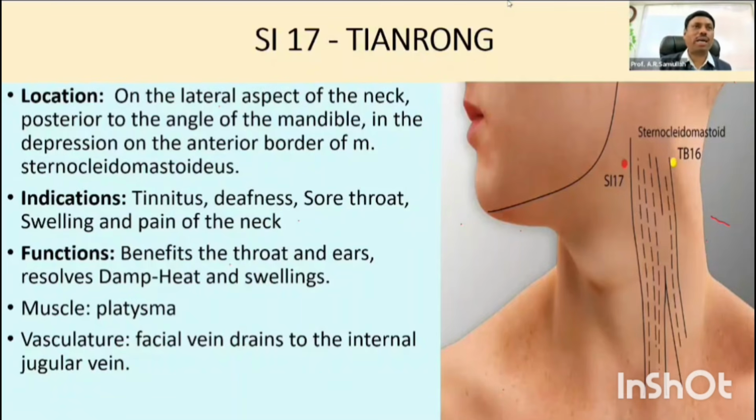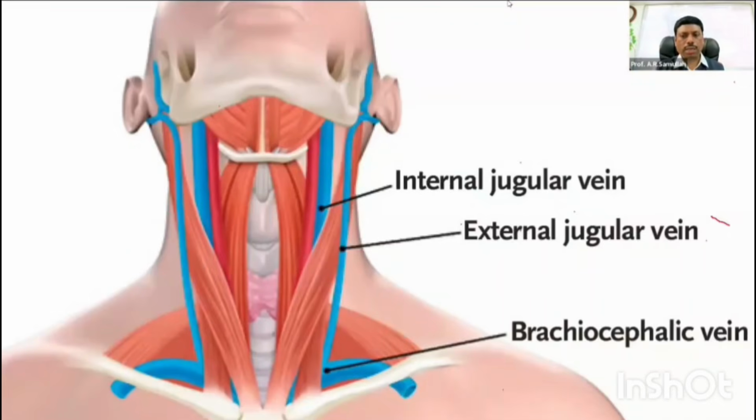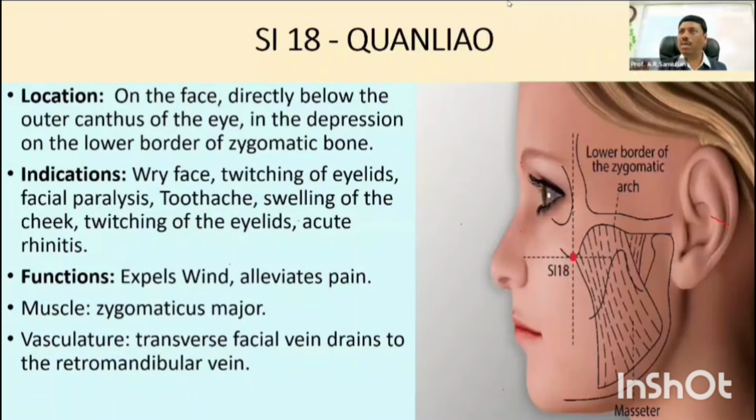Pharynx means the tonsils, larynx means the voice box or the vocal cord. Since the point is located anterior to the sternocleidomastoid muscle, it is also good to treat neck pain. Right. Then the next point is known as Chuan Leo.